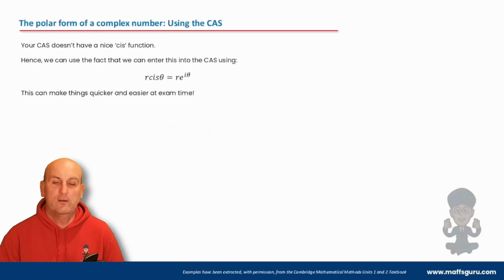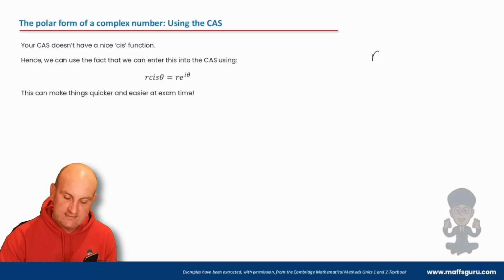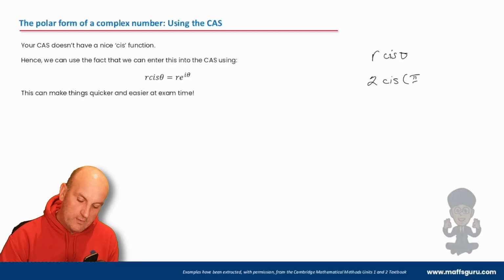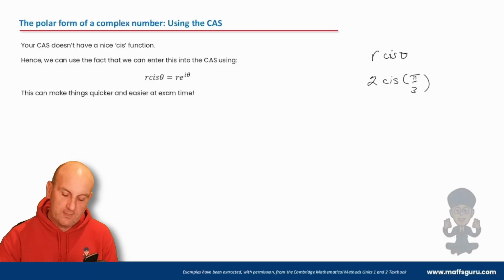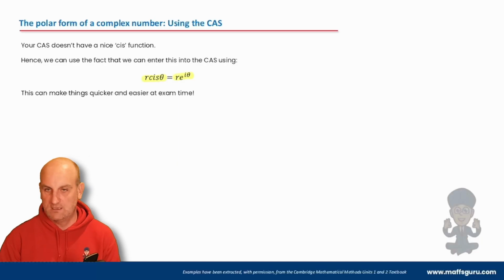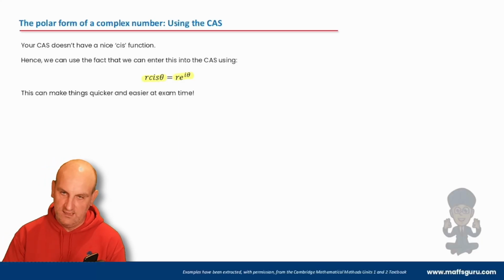Now, your CAS doesn't have a nice, easy way. You cannot type r cis theta into your calculator, so 2 cis pi on 3, for example, and have it know what to do with that. But theory way outside this course suggests that r cis theta is exactly the same as r times e to the power of i theta.